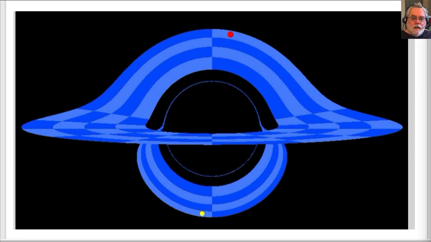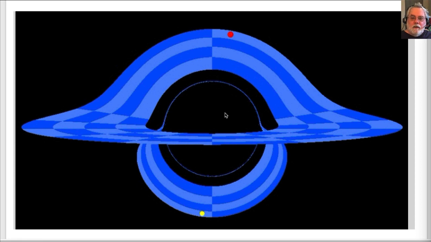I have placed 2 dots, red and yellow, on this image. These 2 dots are the same location on the accretion disk sector behind the black hole. So like here behind the black hole, right of center.